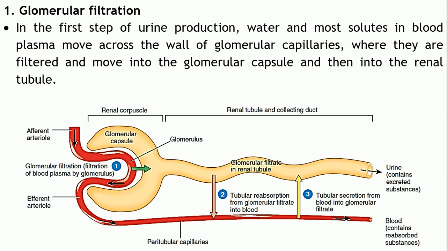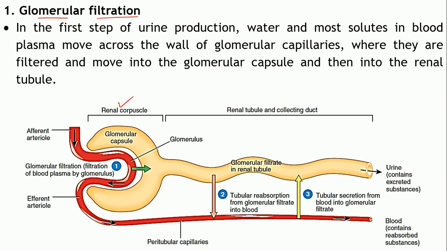let's begin with these three basic processes which take place. So let us understand first what are these three processes. So the first one is the glomerular filtration. So as we have seen earlier that the urine formation starts with the filtration of the blood in the renal corpuscle, right? Now as you can see this particular picture, it reflects the nephron, right?